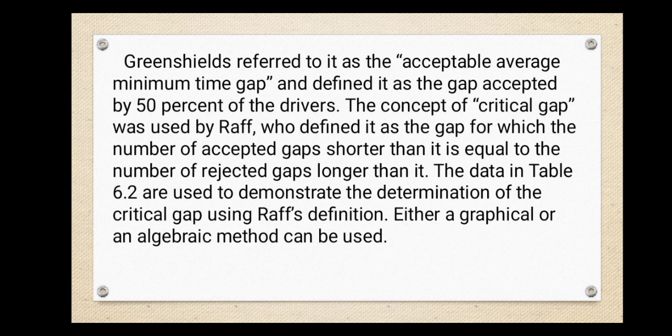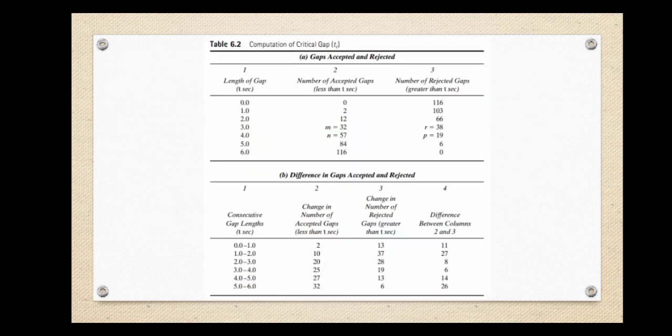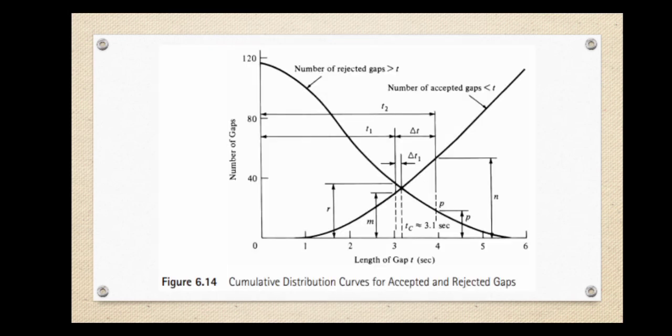The data in table 6.2 are used to demonstrate the determination of the critical gap using Raff's definition. Either a graphical or an algebraic method can be used. In using the graphical method, two cumulative distribution curves are drawn as shown in figure 6.14.